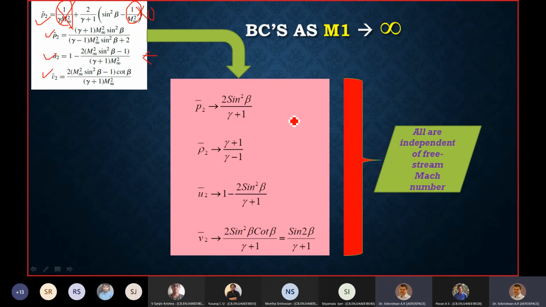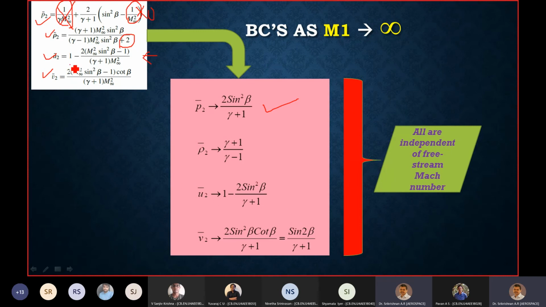So all that remains is 2 sine squared beta by gamma plus 1. And rho 2, again, this we have done earlier: gamma plus 1 by gamma minus 1. So you have gamma plus 1, M infinity squared, sine squared beta, and the 2 becomes negligible. So the rest gets cancelled in the numerator and denominator, and what remains is gamma plus 1 by gamma minus 1. Similarly, U2 and V2 can also be simplified by the same approach.